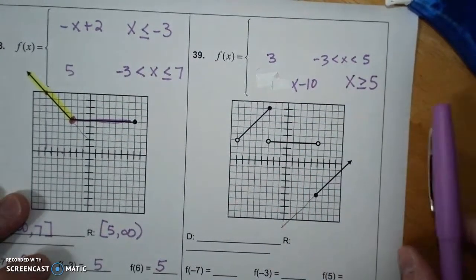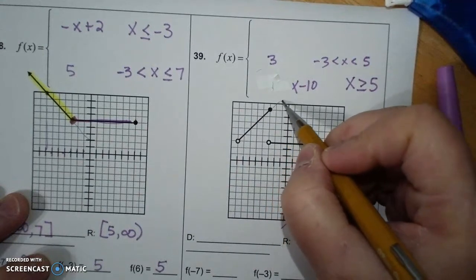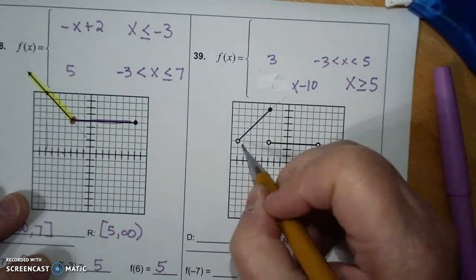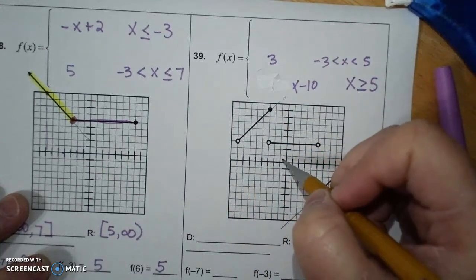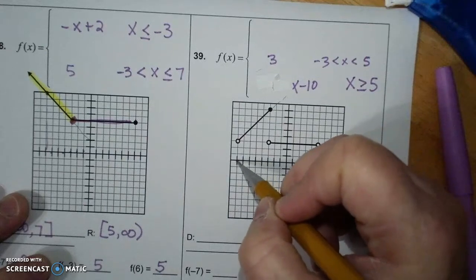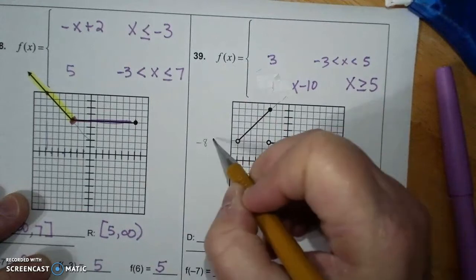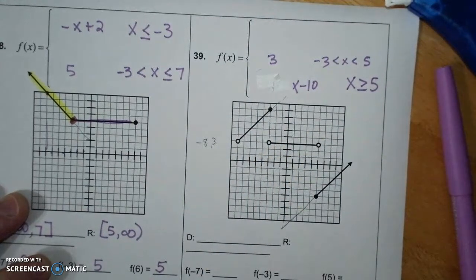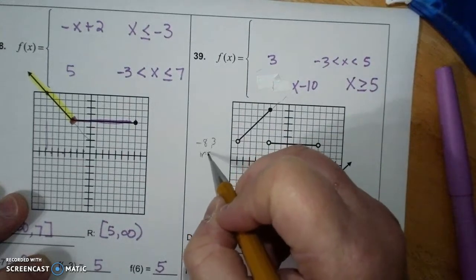First one. So I have the point negative 8, 3, and I have a slope of 1.